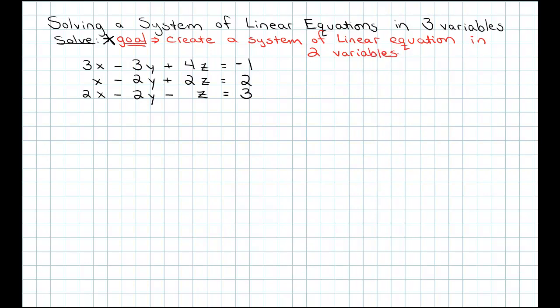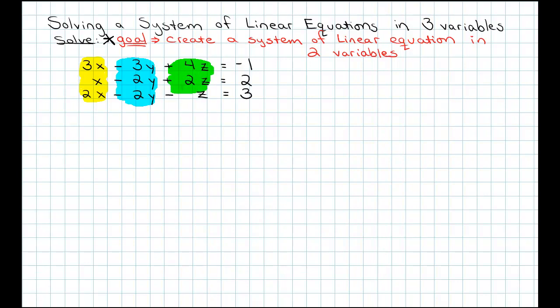Alright, so in order to do this, the first thing we have to do is decide which variable we want to eliminate in order to create two equations with two unknowns. So looking at the three equations with three unknowns, let's look at the x's, the y's, and the z's, and decide which variable we want to eliminate.